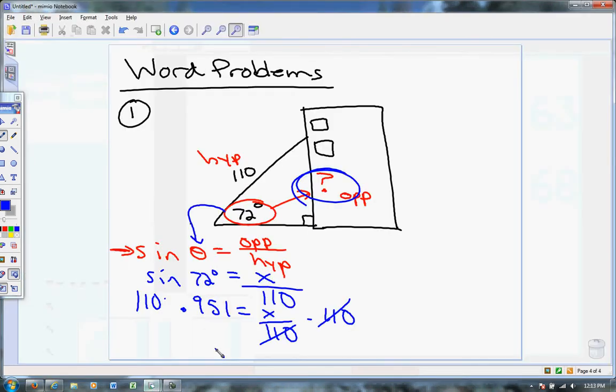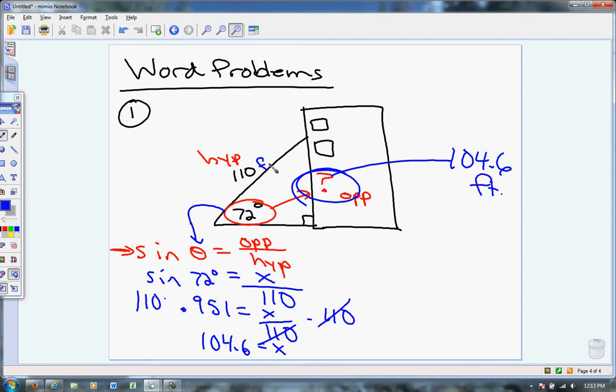So x equals 104.6. What is that? That's the highest, that's this right here. 104.6 feet. I didn't write in my labels, but I stated them. You need to make sure you include your units. Okay? Let's do another problem.